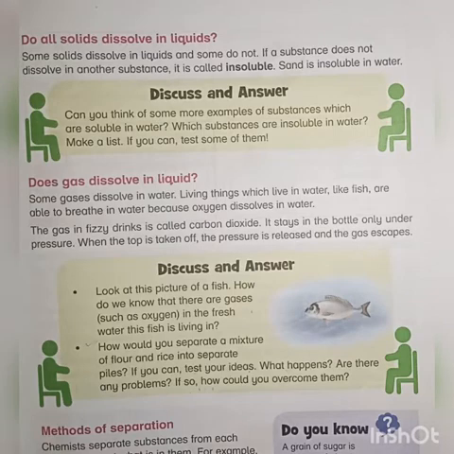The examples of substances which are soluble in water are salt, sugar, soap, coffee and curry powder. These are all soluble in water. The examples of insoluble substances are oil, flour, stones, sand, chalk and talcum powder. These are all insoluble in water.